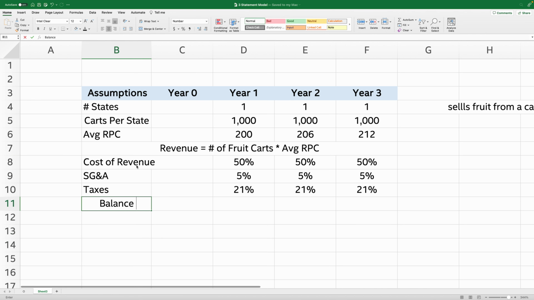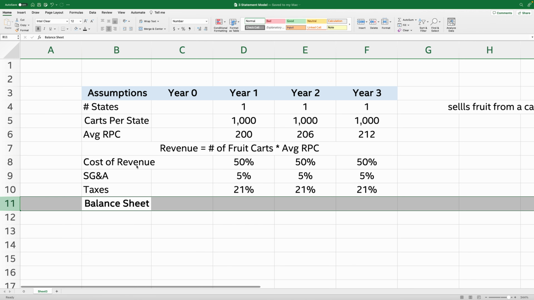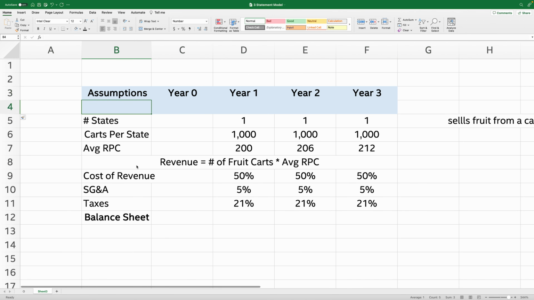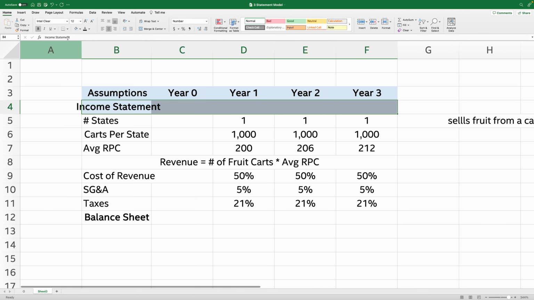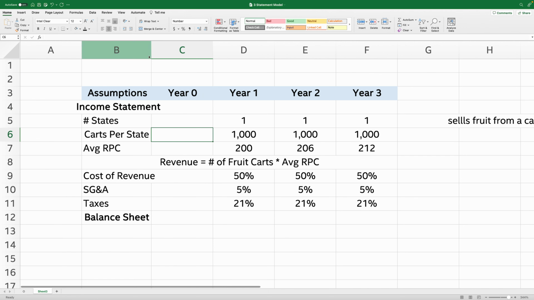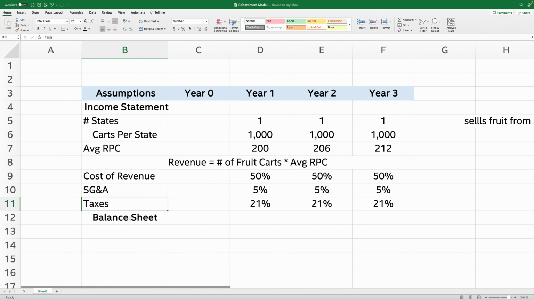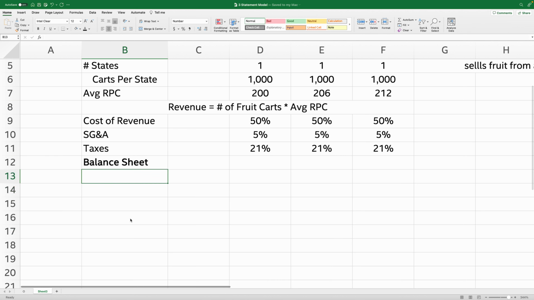And then we also need assumptions for our balance sheet. Let's say this is the income statement. And let's change the color here. And make this that. Okay. For the balance sheet, there's a couple things we'll need. Let's think about it.